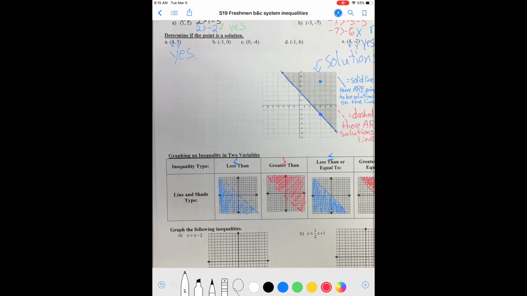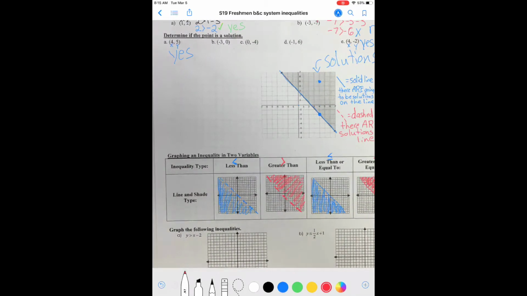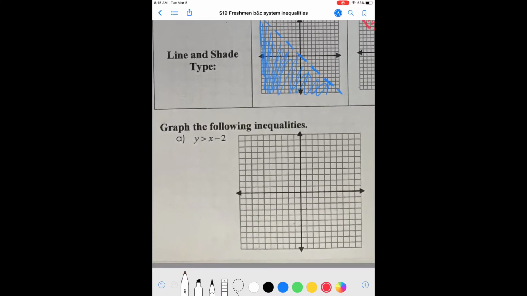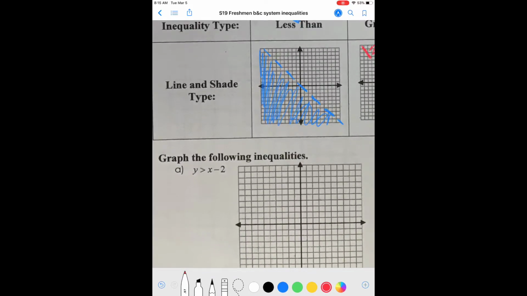So what does this look like? So we're going to graph this equation as if it was y equals x minus 2. So our y-intercept is -2, and our slope is +1.